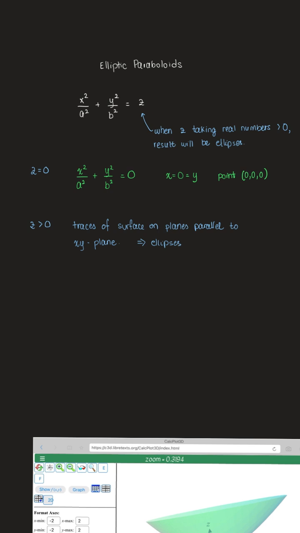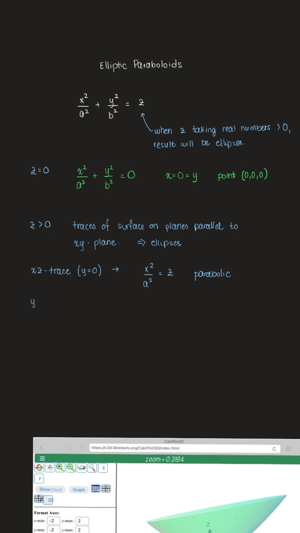When the terms that are squared take on different values, so for example, if I look at the xz trace here, and that's when y is 0, the result, something like this, is a parabola. And this is consistent with our quadric surfaces having traces that are conic sections.